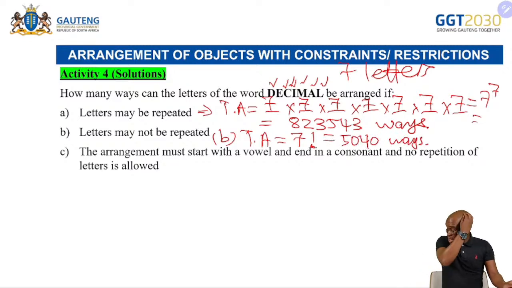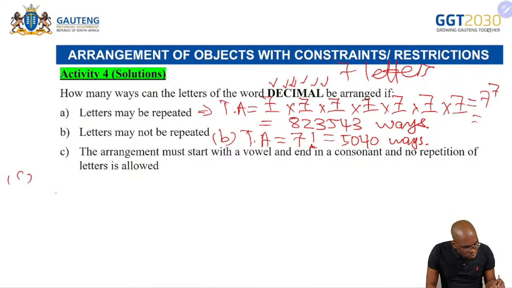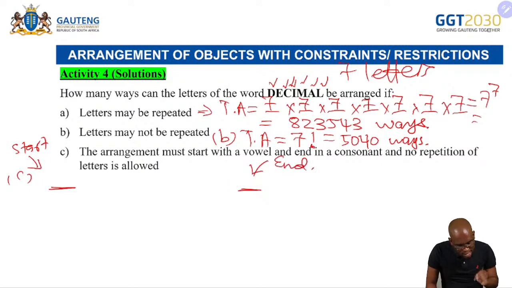Now, the third question is the arrangement must start with a vowel and end in a consonant, and no repetition of letters is allowed. So this is at the start and this is at the end. We are going to define subsets for vowels at the beginning.